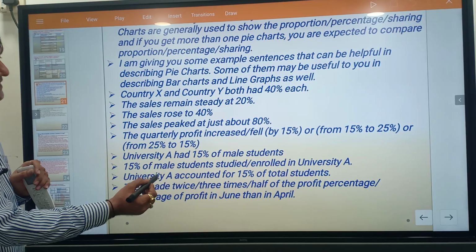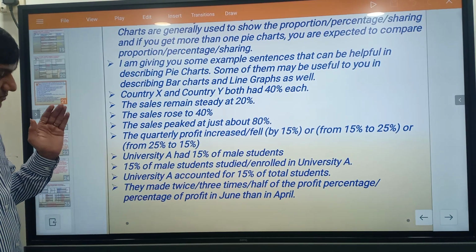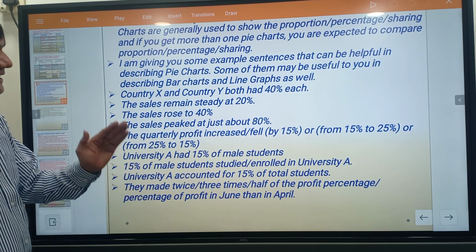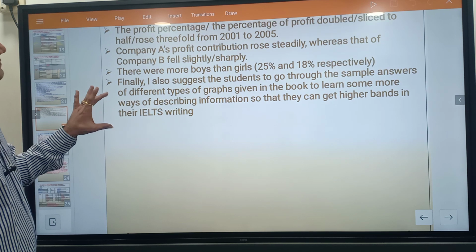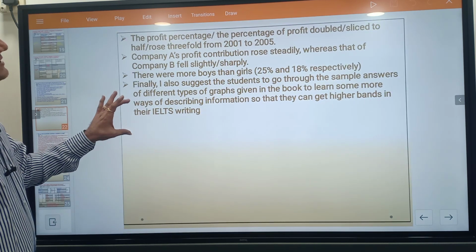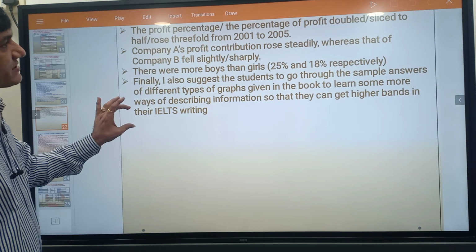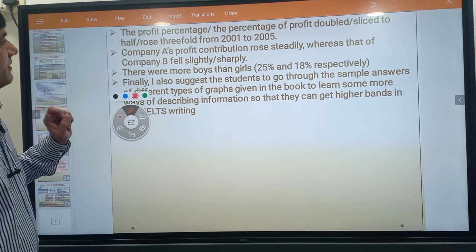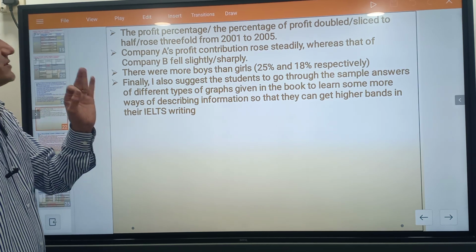They made twice or three times or half of the profit, the percentage of the profit in June than in April. Profit percentage or percentage of profit doubled or sliced to half, rose threefold from 2001 to 2005.